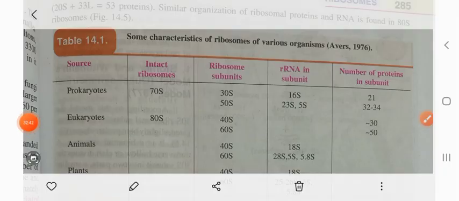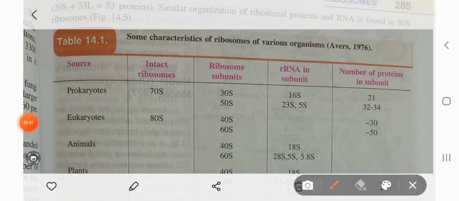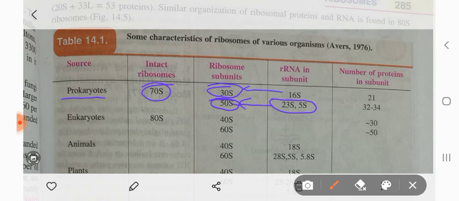These are some characteristics of ribosomes of various organisms. As I have already mentioned, the prokaryotic ribosome is normally known as the 70S ribosome, made up of a large ribosomal subunit of 50S and a small ribosomal subunit of 30S. The large subunit is composed of 23S rRNA and 5S rRNA, while the small subunit has 16S rRNA.